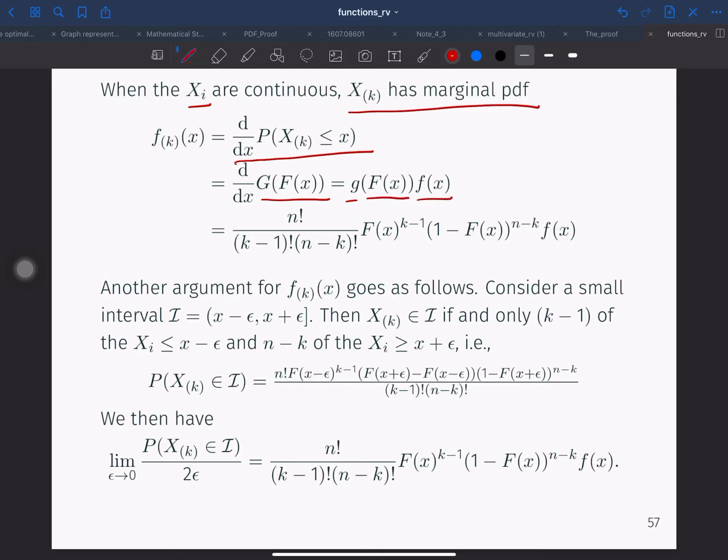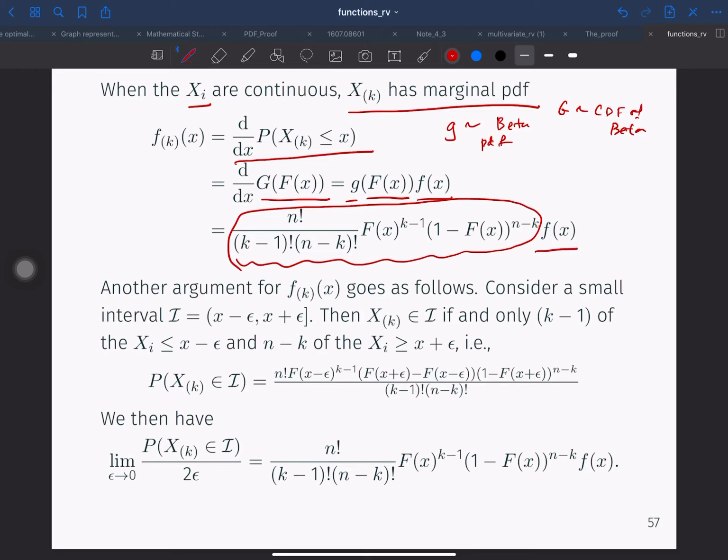But because capital G is the CDF of the beta, little g is the PDF of the beta. So that is the PDF of the beta multiplied by f(x). And that gives me the marginal PDF for the X_(k).